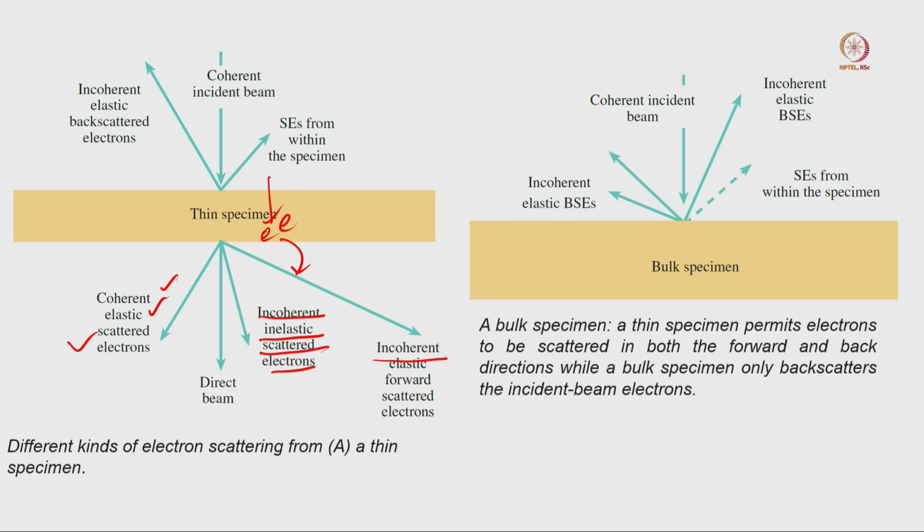If electrons are very close to each other, there is a chance some changes happen, the beams are not coherent anymore, and the waves go in two different directions, but it is still elastically scattered.